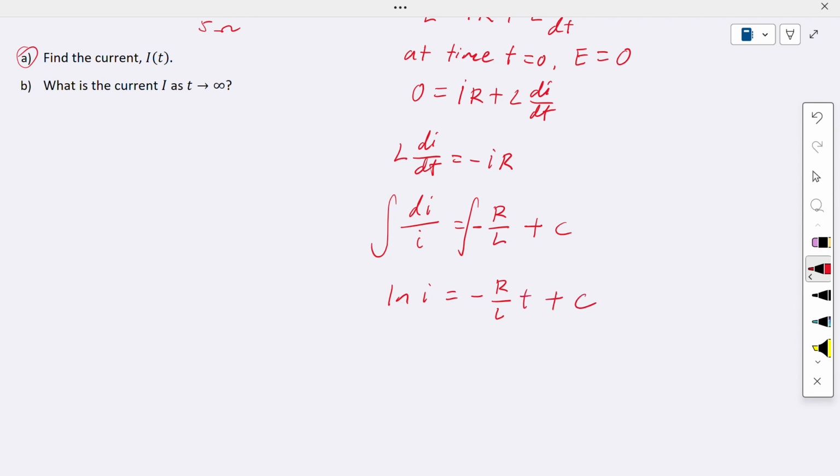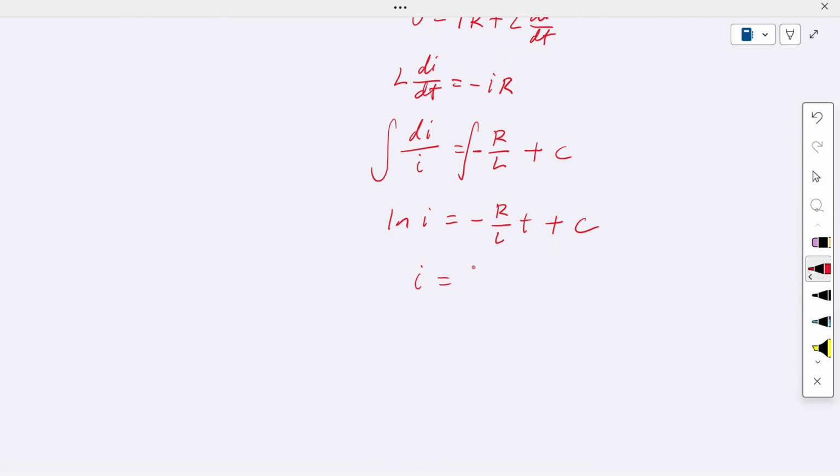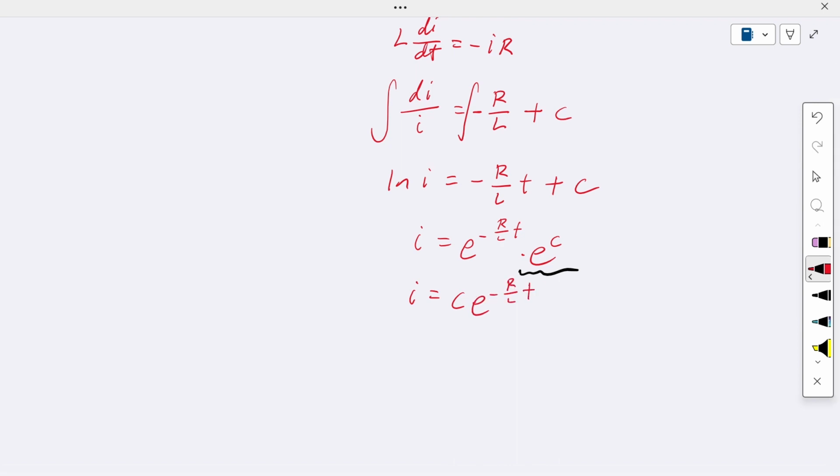Here is plus C. Now we take the exponential on both sides, then we get I is equal to exponential of minus R over L t times exponential of C, right? Now this can be rewritten into a single symbol, so I is equal to C exponential minus R divided by L of t.